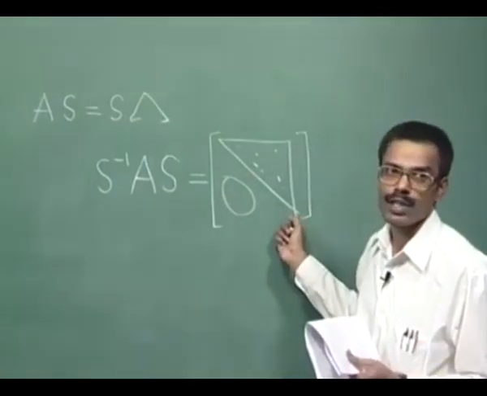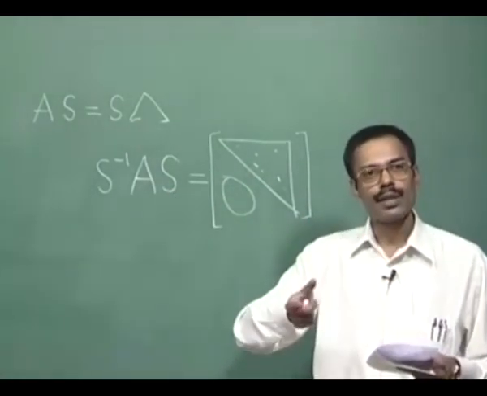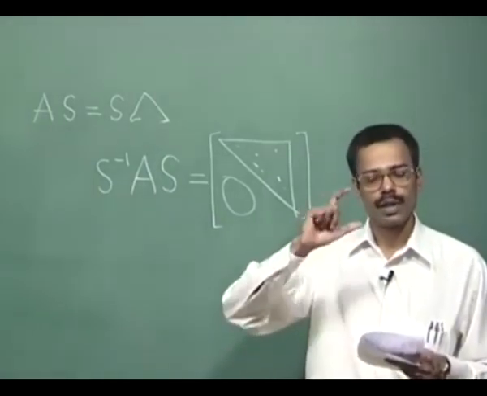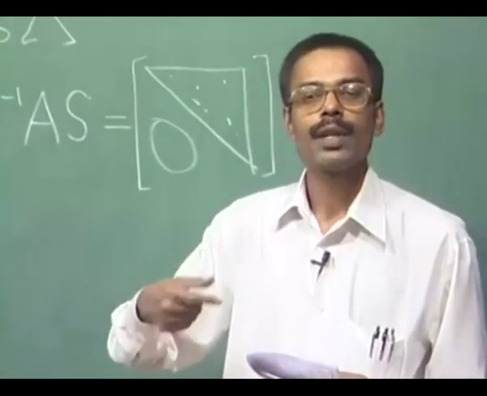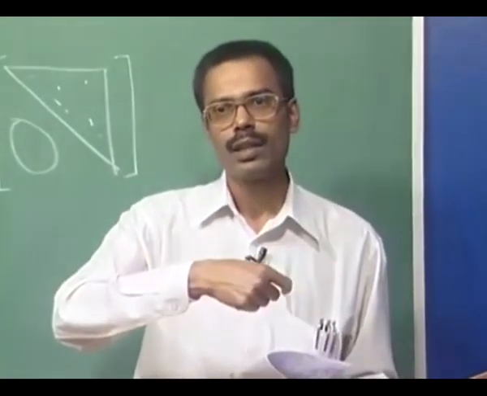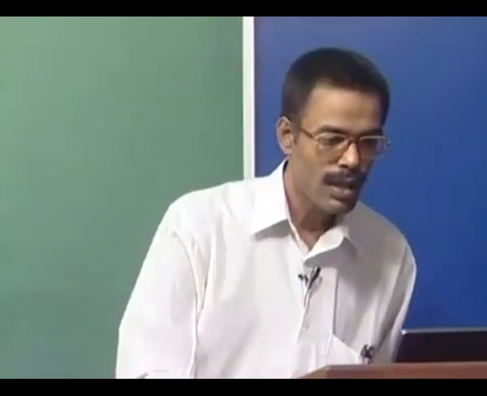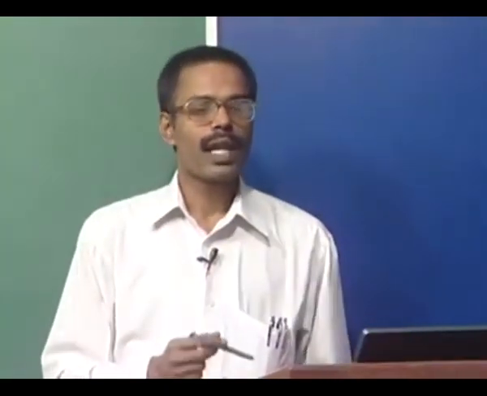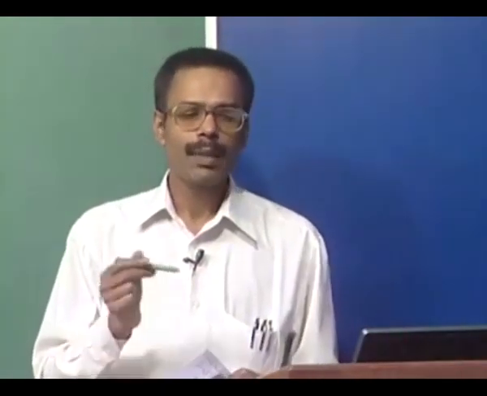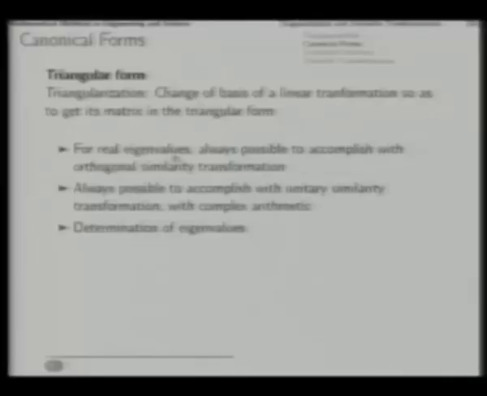Triangularization you can always conduct with orthogonal S, and change of basis through orthogonal transformations has a lot of practical advantage. The advantage is both analytical as well as computational. So, we find that the triangular form is always possible. In particular, if the eigenvalues are all real, then it is always possible through orthogonal similarity transformation.